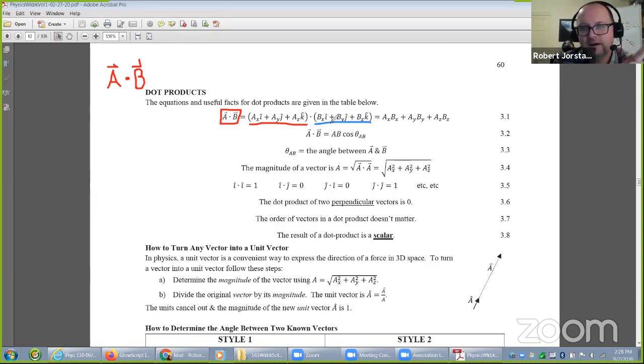And notice on the output, I hope you notice there's no I-hats and J-hats. This is a scalar. By a scalar, I mean something that has a size, a number. It's basically a number without a direction. So we see that we input two vectors.